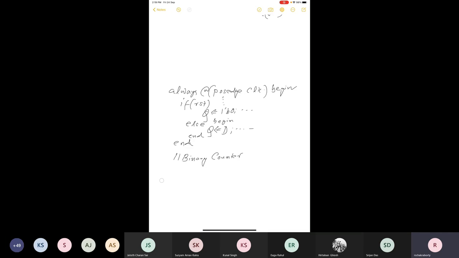Now, in the last class, I showed you a template of describing finite state machines, which was simple, but it has three separate parts. In a binary counter type of state machine, there is no output logic as such.